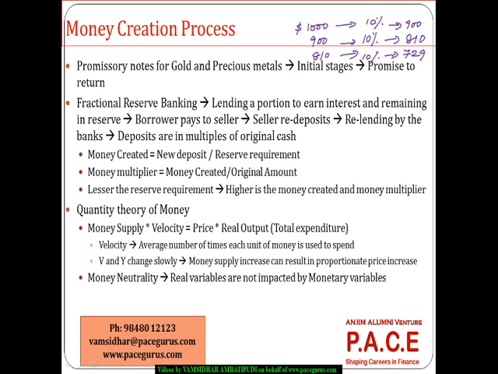So what I could typically see in terms of deposits is that yes, there is a deposit of 1000, there is a deposit of 900, there is a deposit of 810, and so on.